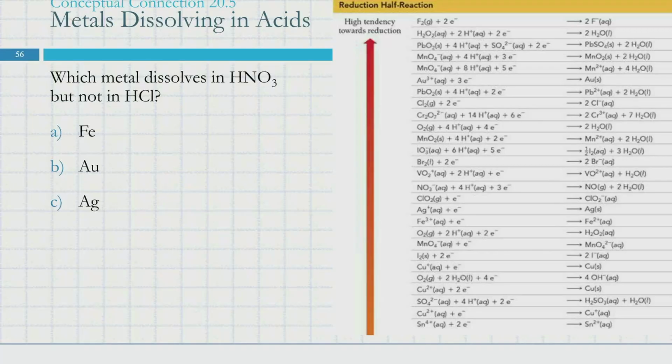Our standard hydrogen electrode would be at the very bottom of this table. So we want to pick which one of these metals will dissolve in nitric acid, but not in HCl. So our options are iron, gold, silver.